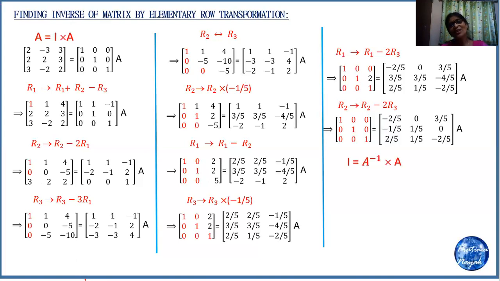I is equal to A inverse into A. So what will be A inverse? Whatever the identity matrix turned into is the inverse of A. So A inverse is equal to minus 2 by 5, 0, 3 by 5, minus 1 by 5, 1 by 5, 0, 2 by 5, 1 by 5, minus 2 by 5.